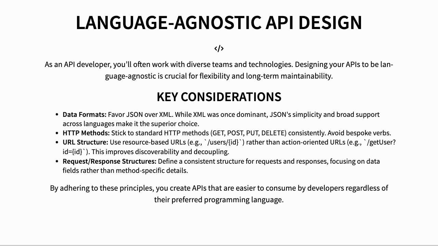JSON is the clear winner over XML these days because it's much simpler and supported everywhere. Next, always use standard HTTP methods like GET, POST, PUT, and DELETE. Stick with what's expected. Then, design your URLs to clearly describe resources, like /users/ID, instead of relying on action-oriented ones. Finally, keep the structure of requests and responses consistent across all endpoints.